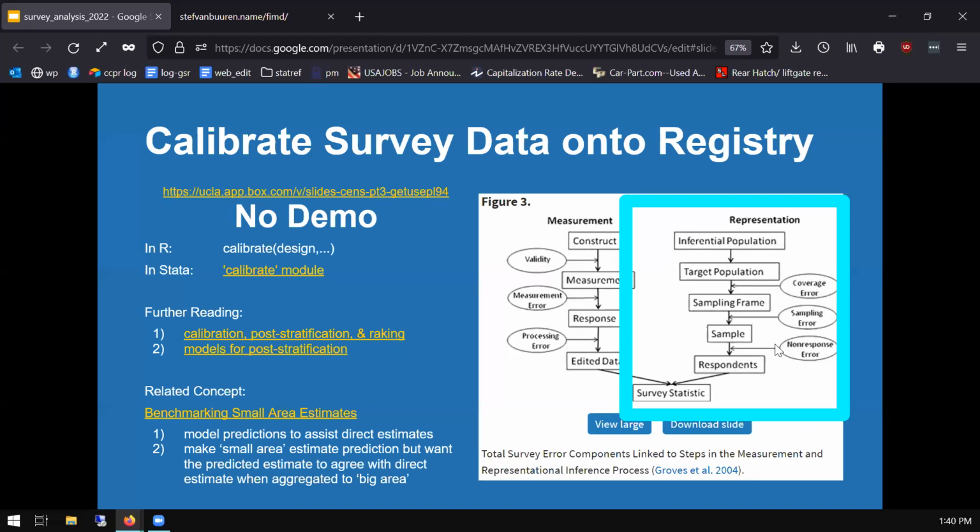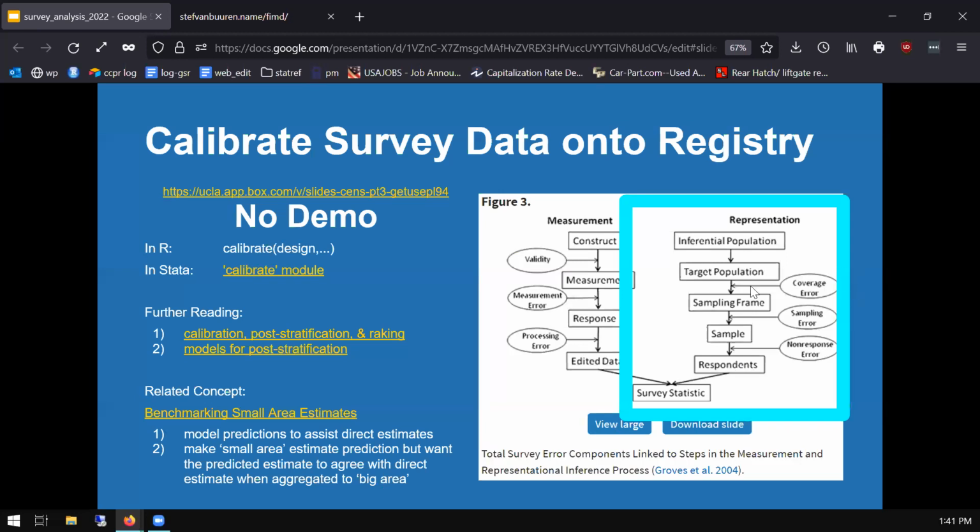So calibration redistributes weights row-wise. And to drive it home, other imputation methods fill in variables cell-wise, which you can kind of think of as editing. You're editing the data.